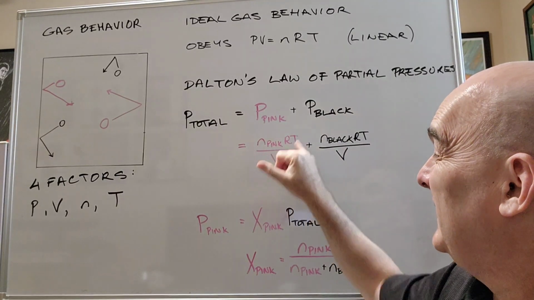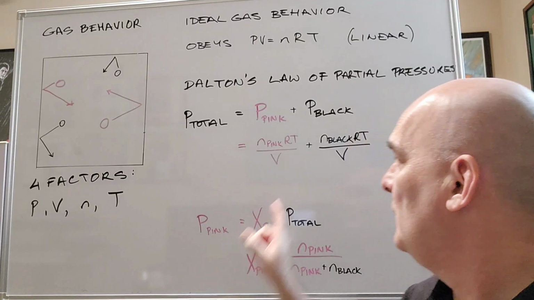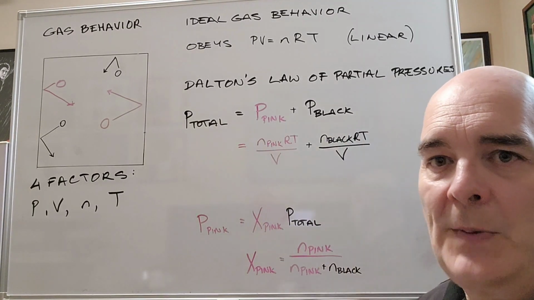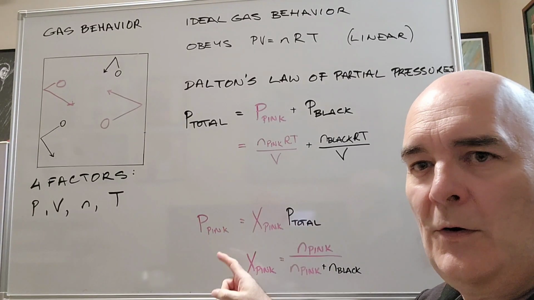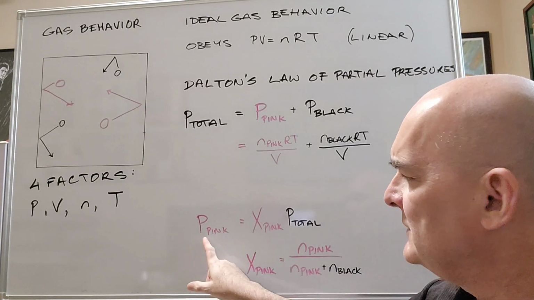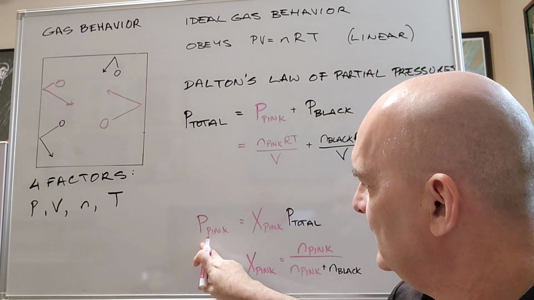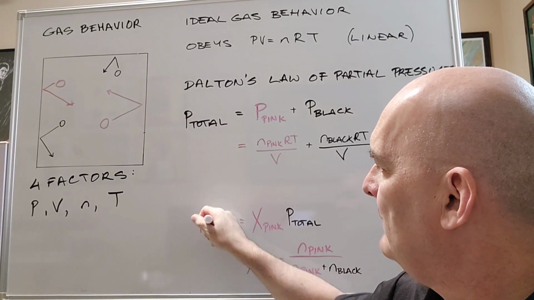And because R, T, and V are all the same for the system, the only 2 things that differ are the number of moles of pink and the number of moles of black. That's it. So another way of saying this is that the pressure of one of the components, the pressure of the pink, isn't a true pressure, it's what we call a partial pressure.